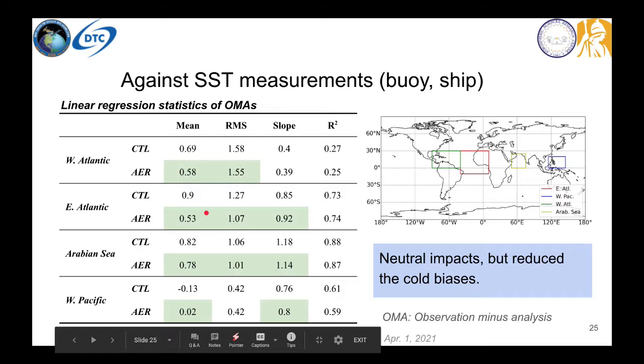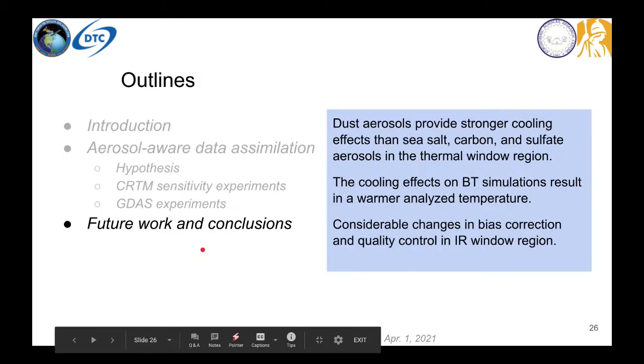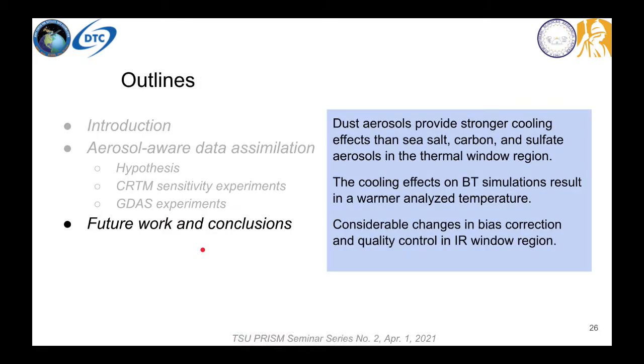And after the bias correction, shown in the dashed line, we can see that the aerosol run does have a more positive skewness. This feature indicates that in the AER experiment, the assimilated data set is not really unbiased.